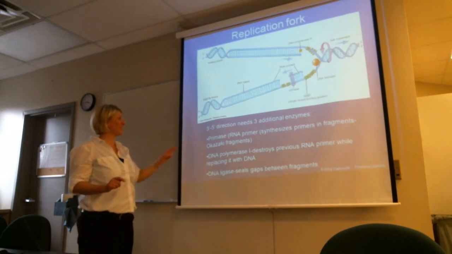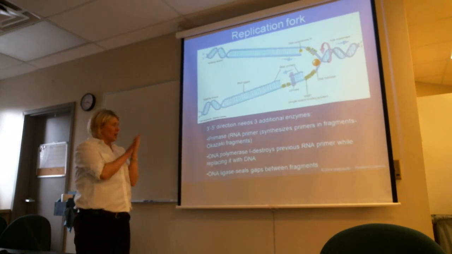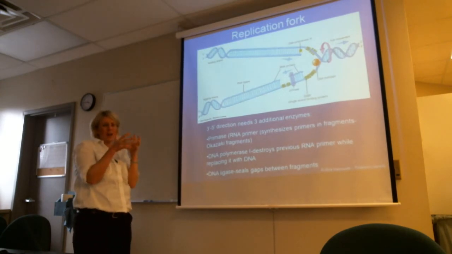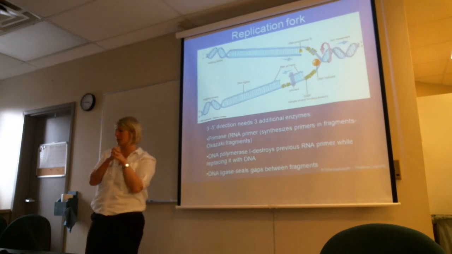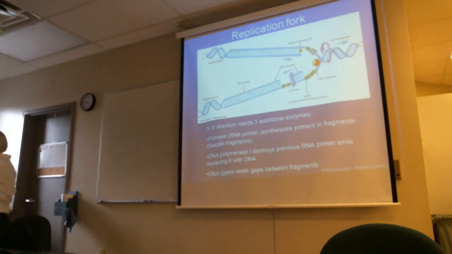Now, in the lagging strand, you've got a couple of extra enzymes that have to come in and help. You have a primase, and the primase lays down these RNA primers.